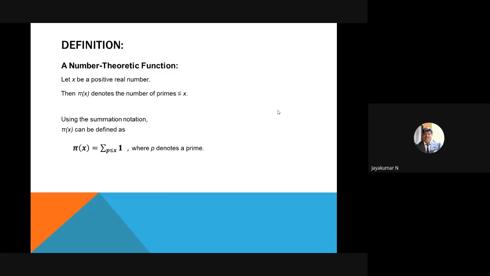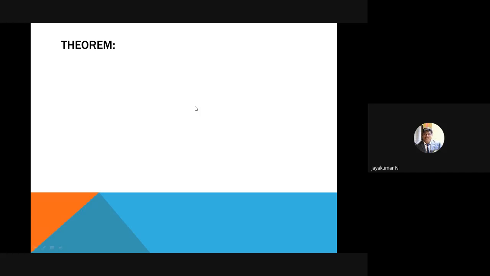For the next prime less than or equal to x, I add 1, 1 plus 1, 1 plus 1 plus 1, and so on. This is a simple definition. From this definition, one thing you have to remember is that pi of x denotes the number of primes less than or equal to x. So this is the result, the theorem.